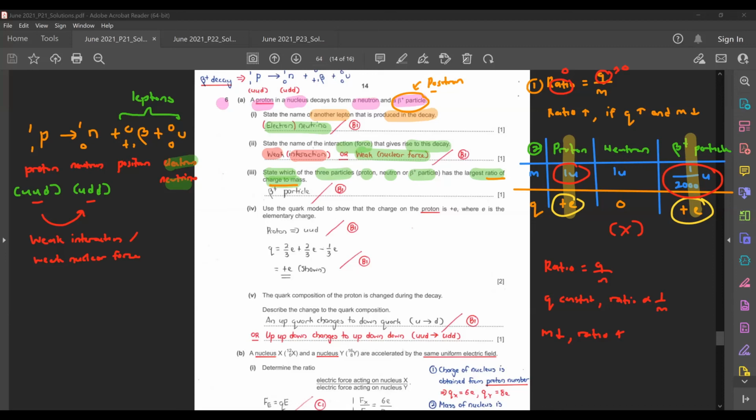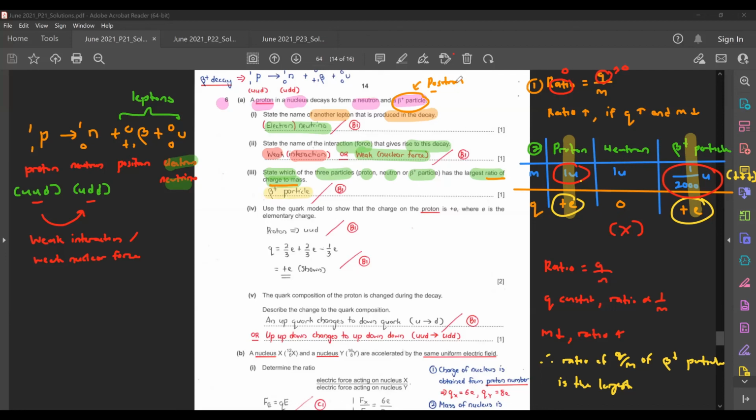The mass of the beta plus particle is so much smaller than the proton. Therefore, the ratio of Q to M of the beta plus particle is the largest, because the mass is the smallest. So the answer here is the beta plus particle.